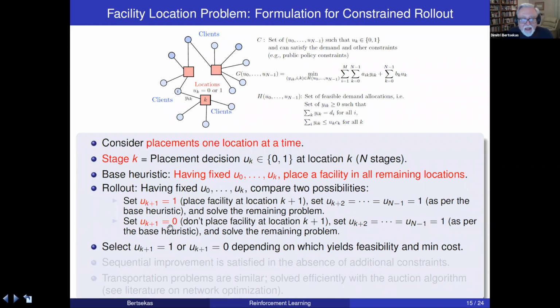On the other hand, this one may not be a feasible trajectory because this indicates that we do not place a facility in this location, and this location may be a critical one. Without building it, we can't satisfy the demand. Okay, so we looked at these two, and depending on which one yields feasibility and minimum cost, we move to uk plus 1. It may be 0 or it may be 1.